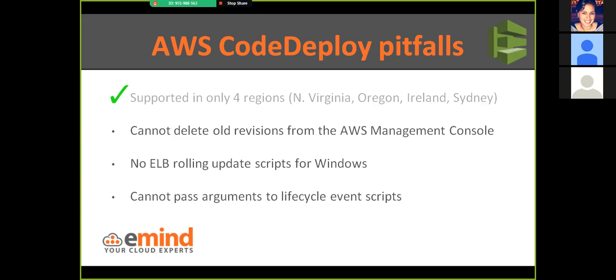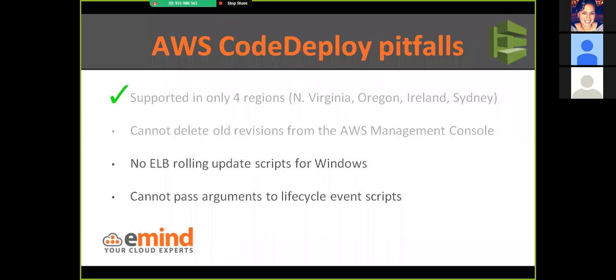So in this case, what we managed to do was to hide everything behind Jenkins. So now you do the deployment from Jenkins, and behind the scenes, you don't care how many revisions have been created before. You just see the drop-down list with all the versions you can deploy, and that's about it.